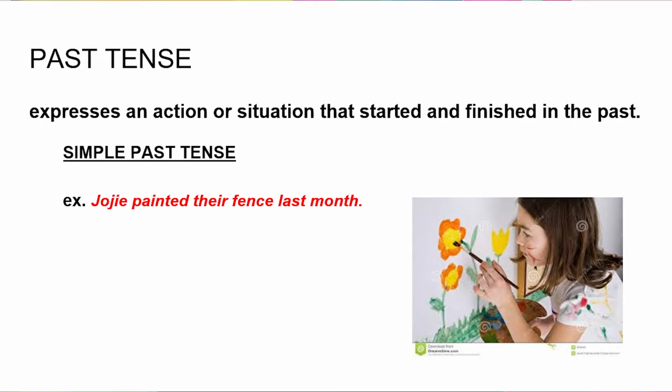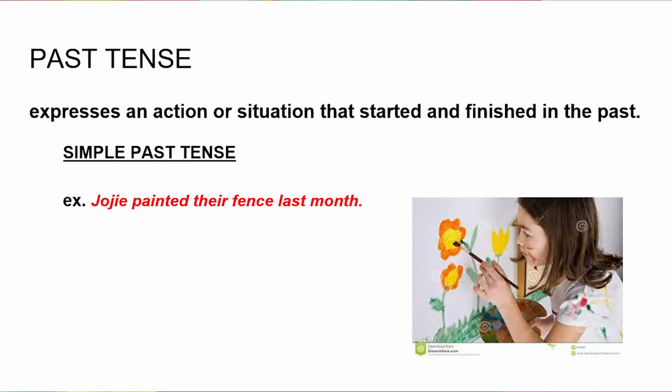Now for the past tense. For the past tense, we have again the simple form or the original form of the verb. So for example, because it's simple past tense, it expresses an action or situation that started and finished in the past. Sa Tagalog, ito ay sinimulan noong nakaraan o ito ay nakalipas na o natapos na.